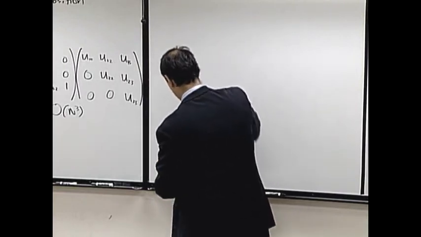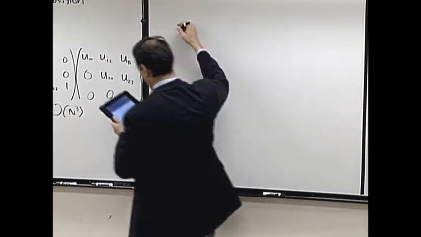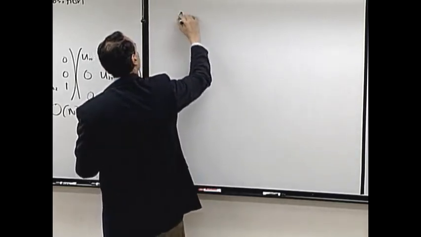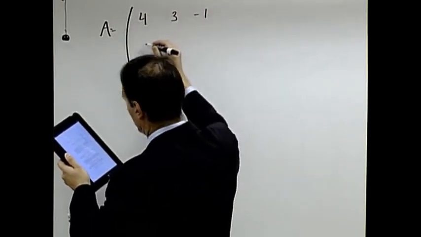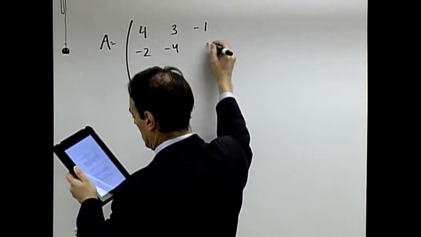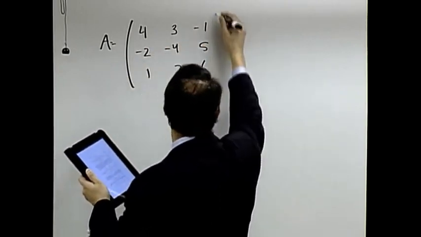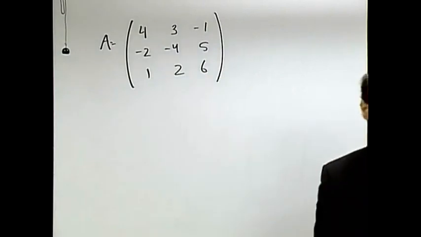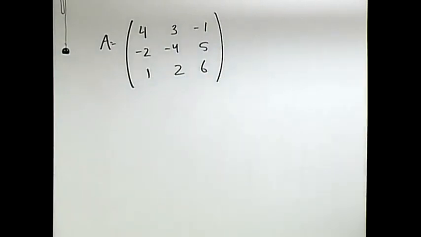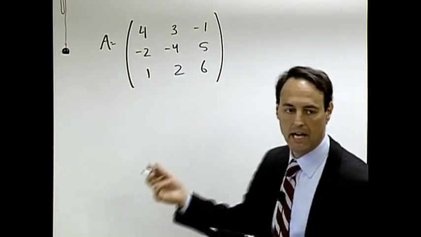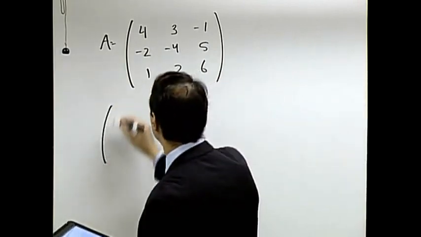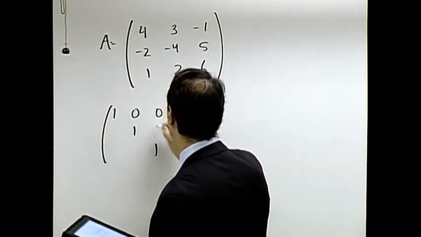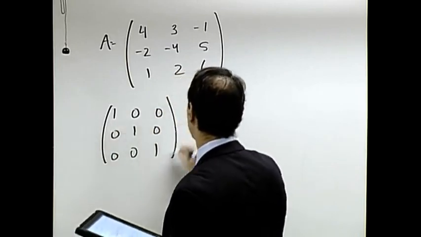Let me take a matrix A. Here it is: 4, 3, negative 1. All right, what I'm going to do is LU that. Now, the way to do an LU is you think about taking A and multiplying by 1. In particular, I will multiply by the identity matrix.